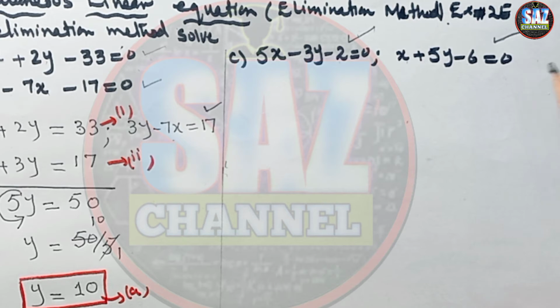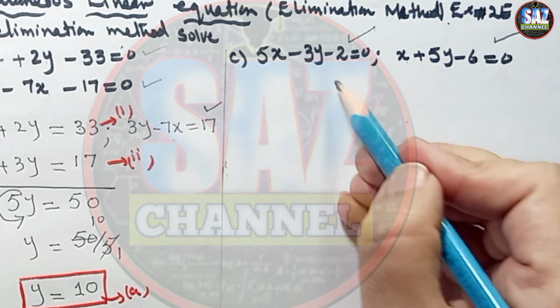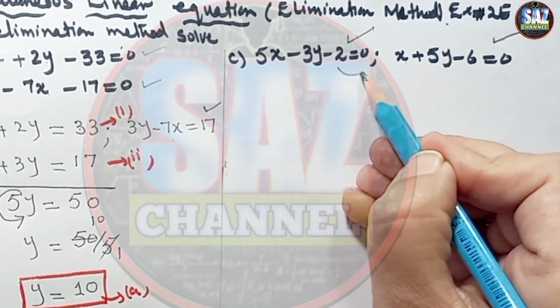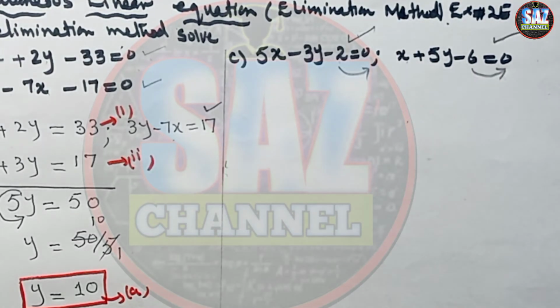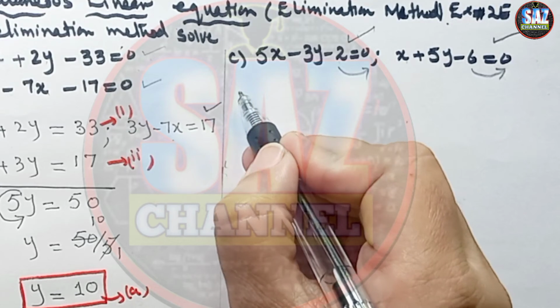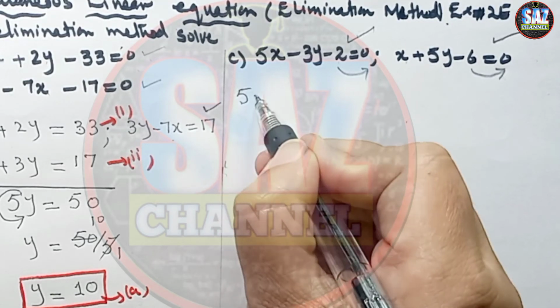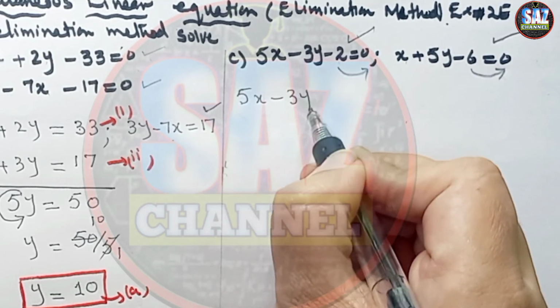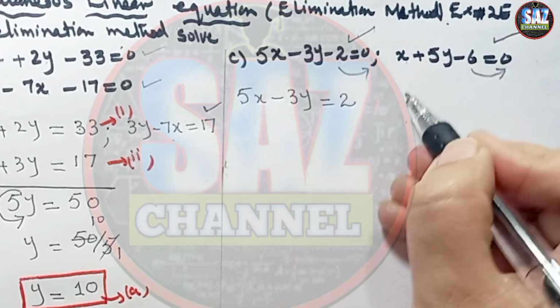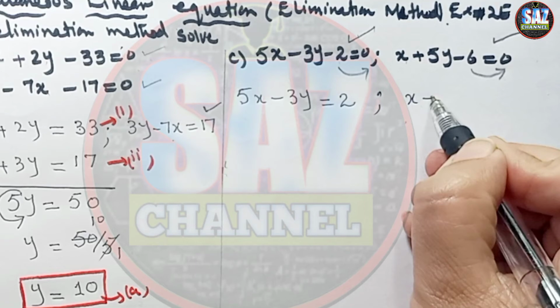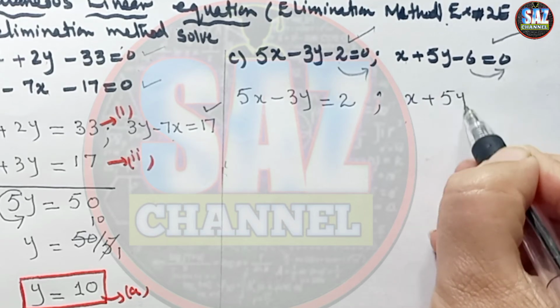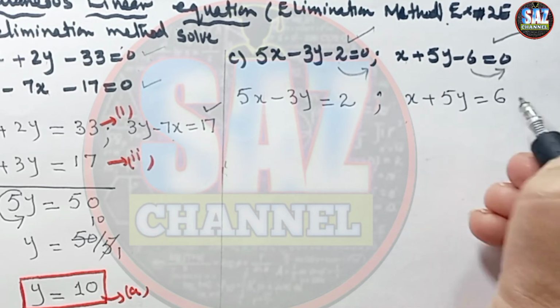First of all, we have to shift these constants to the other side by changing the sign. So the first equation will take the form 5x minus 3y equals 2, and the second equation will take the form x plus 5y equals positive 6.